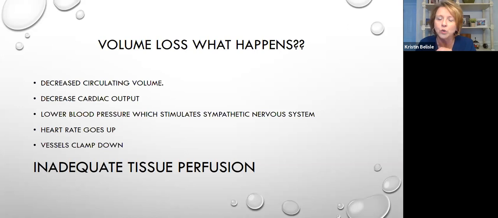It's like a hose. So if I have a hose and I have all the volume going through it without any problem, I've got the hose turned on full volume. Volume's coming through. If all of a sudden a truck runs over the water line, I will have a decrease in volume, right?